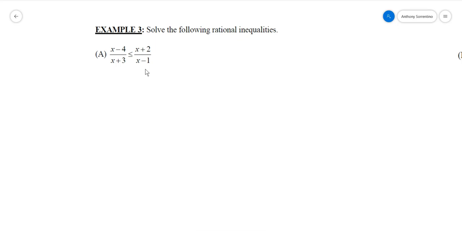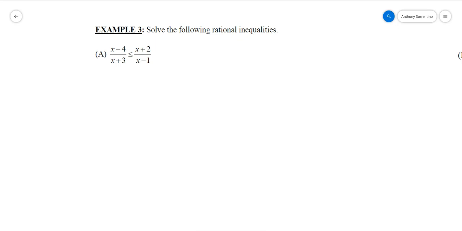Now, when I do this for rational inequalities, I do it a little bit backwards first, because more times than not, they're going to give you an inequality that is basically one rational expression greater than or equal to another rational expression. You may encounter a couple with an addition or a subtraction, but you have to manipulate those in order to do the cross multiplication. But most of these, I would want to do the cross multiplication.